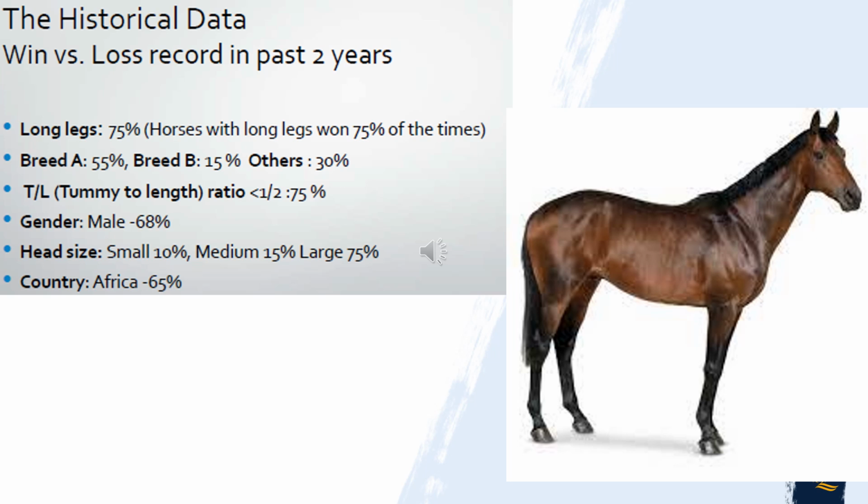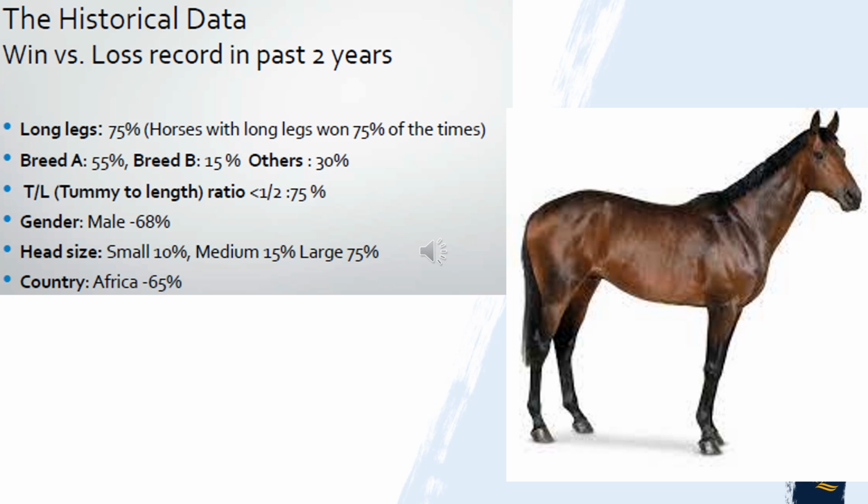Surprisingly, male horses have a lower success rate, winning only 32% of the time. Head size. Horses with larger heads have a 75% win rate compared to those with medium or small heads. Country of origin. Interestingly, horses from Africa have a lower win rate of 35%.